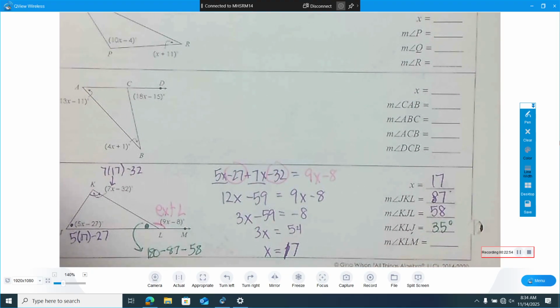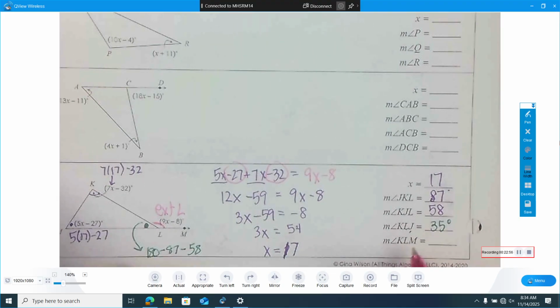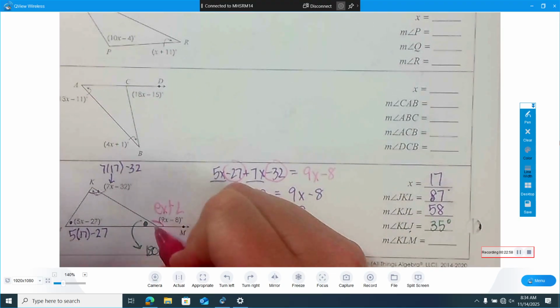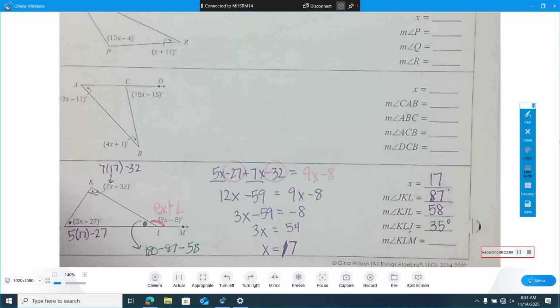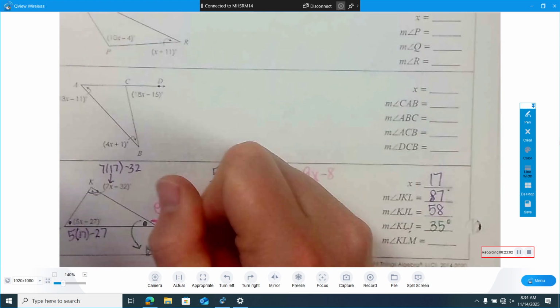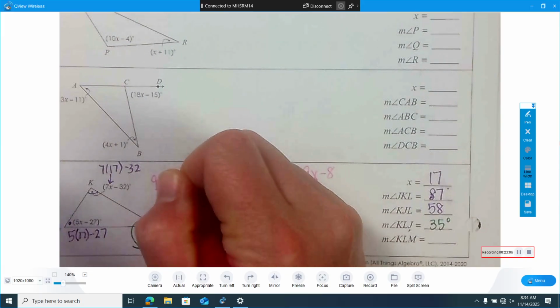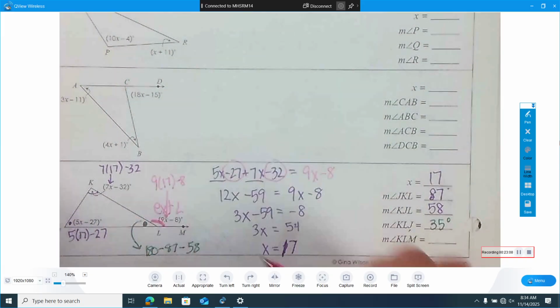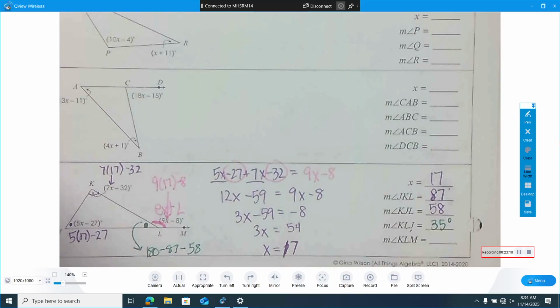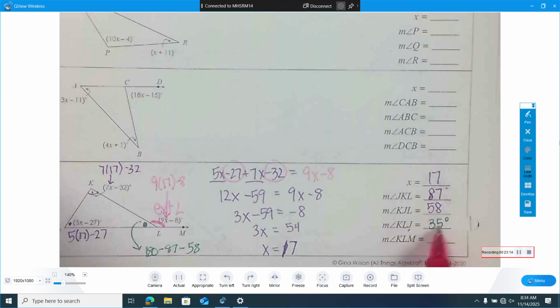And then the last one, KLM, that is our exterior angle. We can do it a couple of different ways, but I'm just going to plug in 9 times 17 minus 8. Why am I going to plug it in directly instead of subtracting 35 from 180?